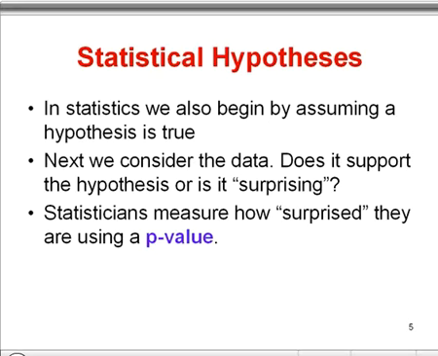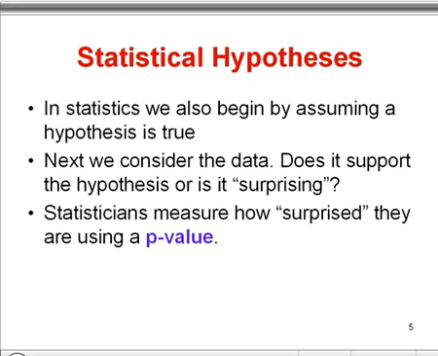So in statistics, we start out by assuming that nothing unusual is going on, analogous to assuming someone is innocent. Then we consider the data. That's our evidence. We find out how likely it is that our result could have occurred purely by chance.